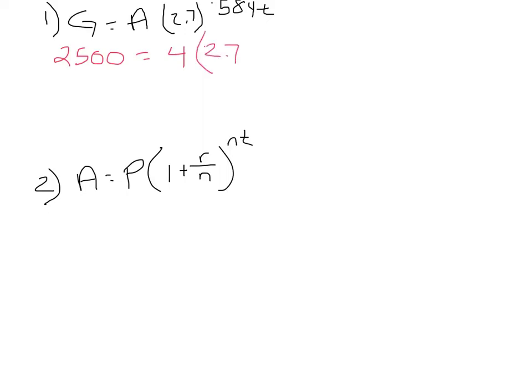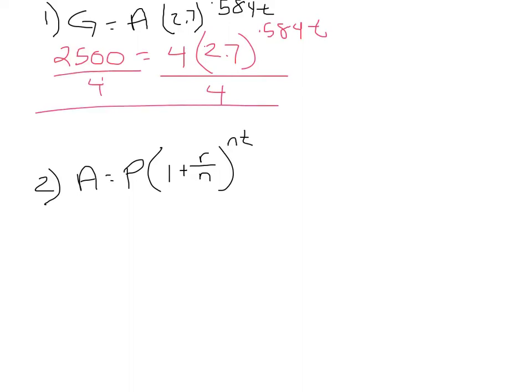So it's 4 times 2.7 to the 0.584 T. Now to solve this, I'm not going to multiply by 4 times 2.7. I'm going to divide by 4 instead. I'm not allowed to multiply because the 2.7 has a power to it.